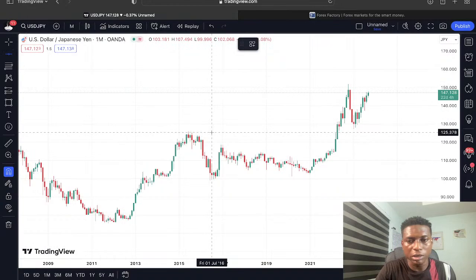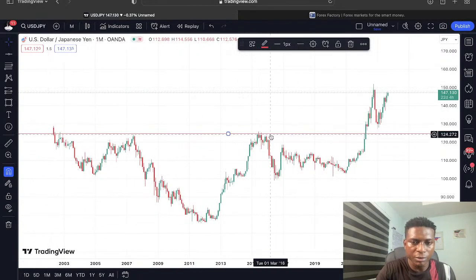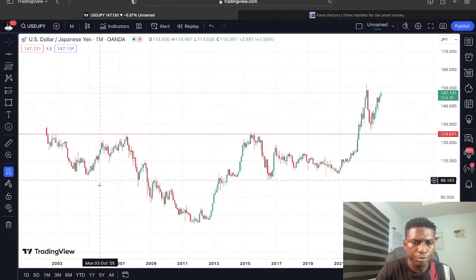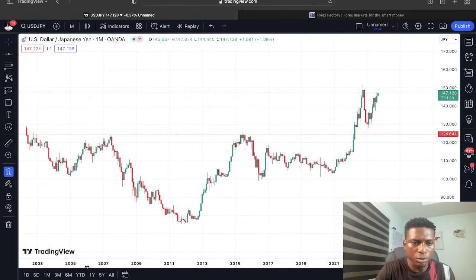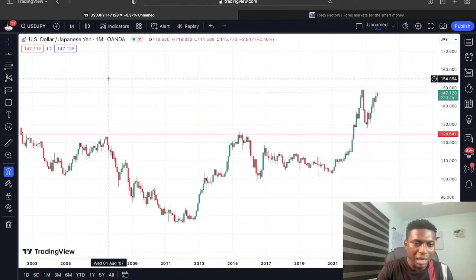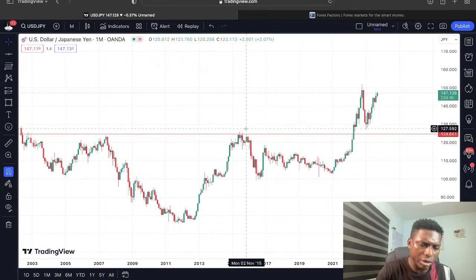So here we can see that this level is a very strong resistance zone, and how price had been prevented from going higher out of this level. So we can see that there are a lot of footprints being created here.